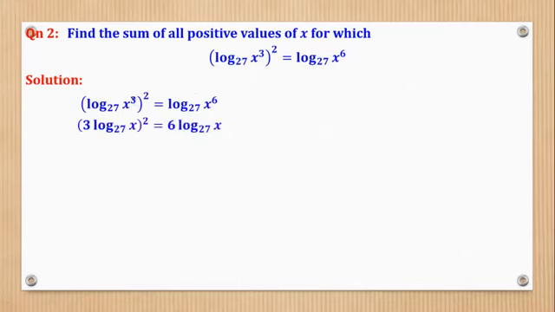To remove this power on x, it comes here to become 3. And also remove this power, it comes here to become 6. Then we shall let y be equal to log base 27 of x. That means that this becomes 3y with a power, and this becomes 6y.